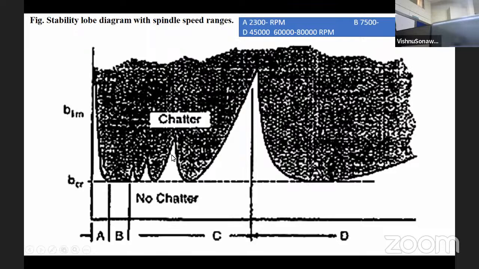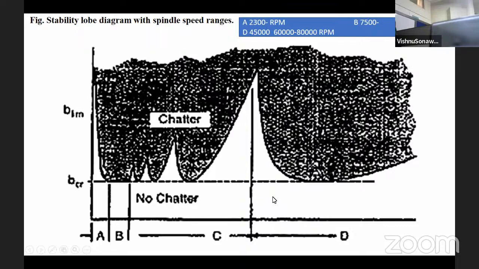But above 7500 to 45,000, what will happen? Suddenly the speed drastically increases, but the width of the cutting chip is less. Again, above 45,000 revolutions per minute is the ultra speed.